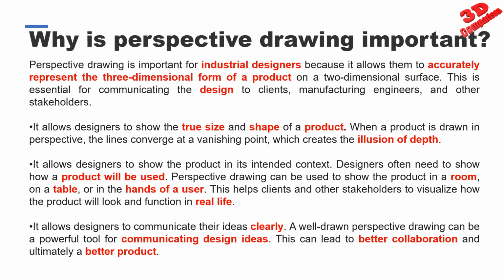The main advantage of perspective drawing is to show the true size and shape of a product. And as we saw before, it's really important to add that illusion of depth. Usually you do this by using lines that converge at vanishing points.